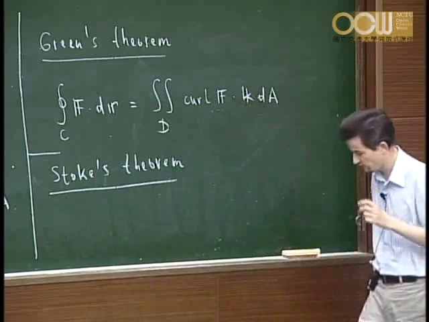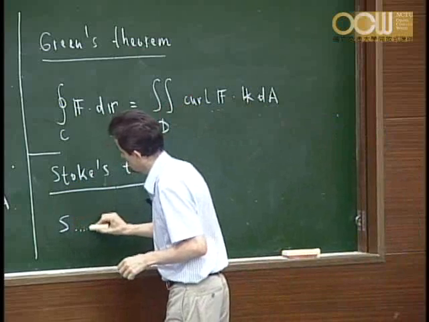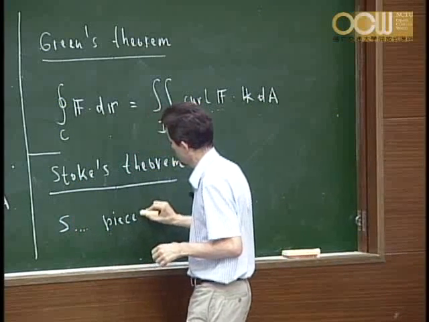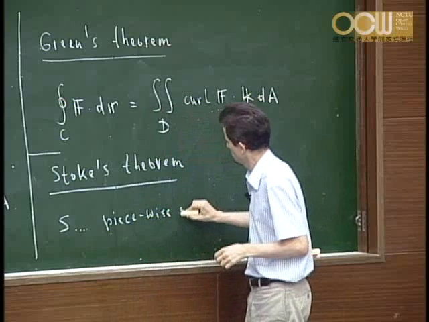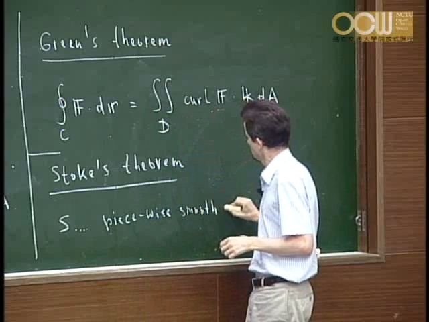So what do we have? We have a surface S, which we assume to be piecewise smooth and oriented.